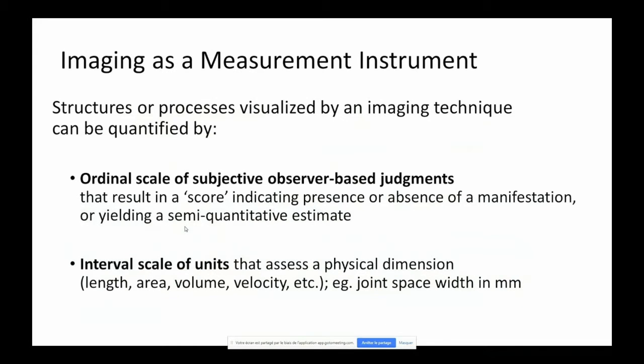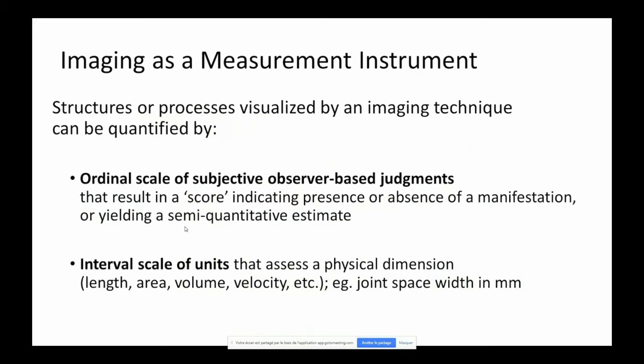Then we will go to the idea that imaging not only permits to visualize tissue and organs, but can be used as a measurement instrument, because all the structures and processes that are visualized by imaging can be quantified either by an ordinal scale of subjective observer-based judgment, for example, a semi-quantitative way that results in a score indicating presence or absence in a binary way, or a semi-quantitative estimate of a manifestation: minimal, moderate, severe.